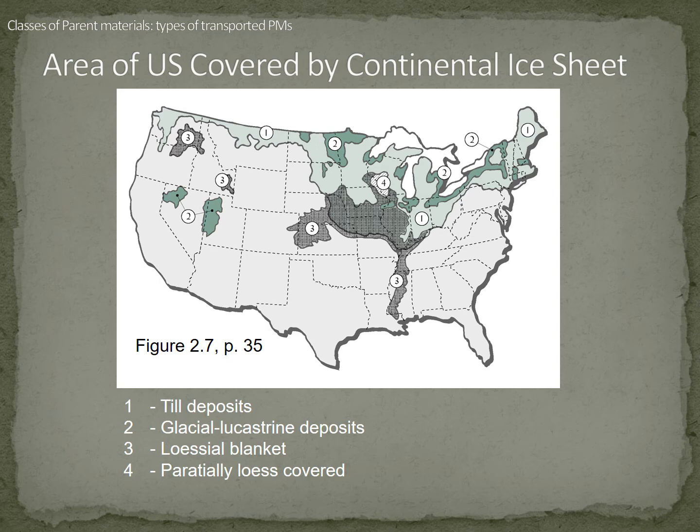Here you can see a map that shows the area of the United States covered by the continental ice sheets. It came down to this line right here. That's how far it glaciated.